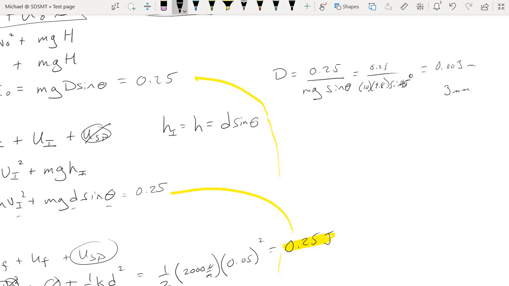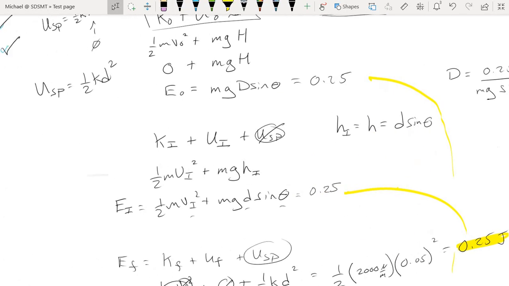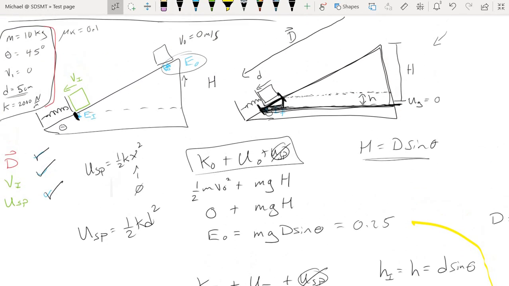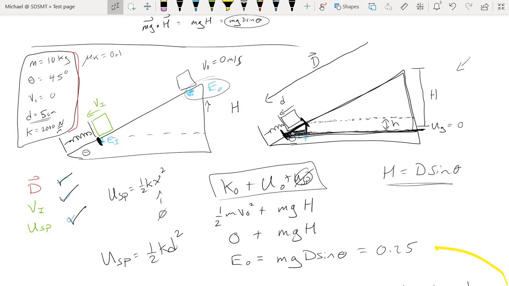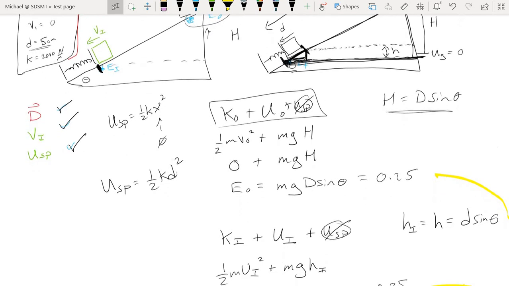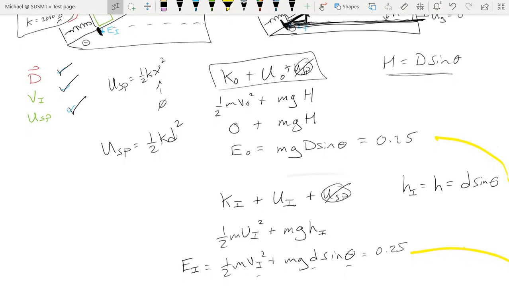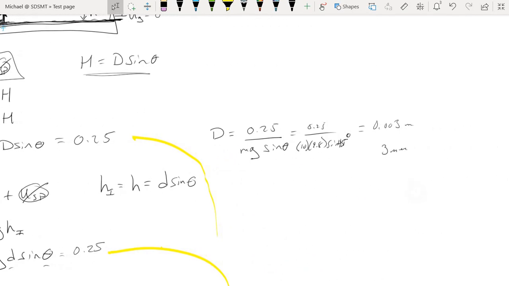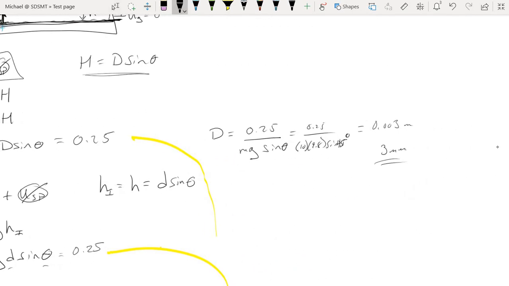So yeah, looks like I dropped the ball on choosing values for this problem. That's not going to work out very well for us because the total compression distance of the spring was 5 centimeters, and this is telling us we can only go 3 millimeters.